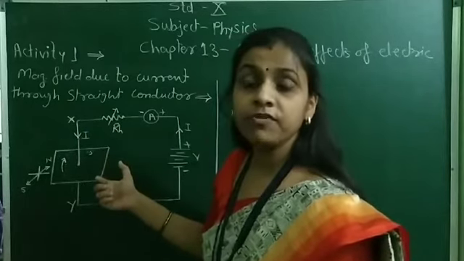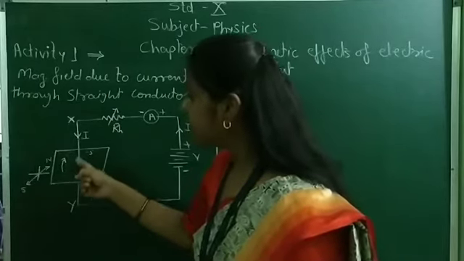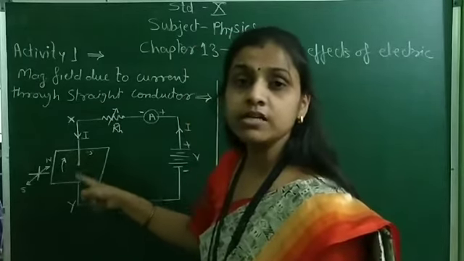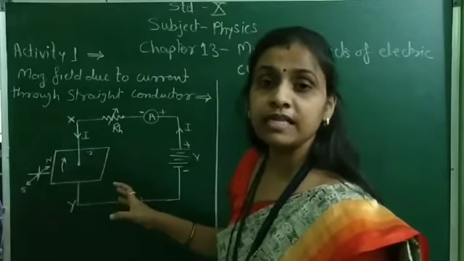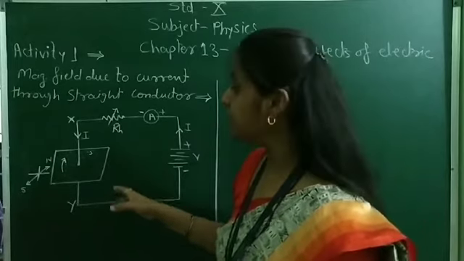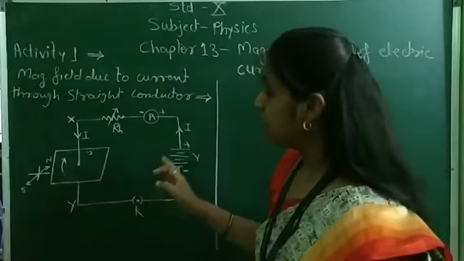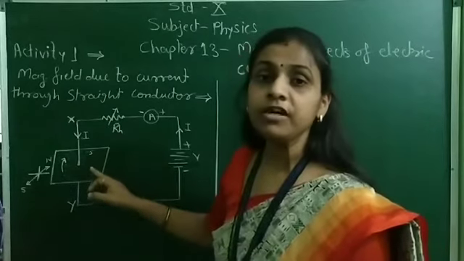We can see this because concentric circles are produced, and these field lines confirm that a magnetic field is produced along the straight copper wire. So this proves that the magnetic field is produced.